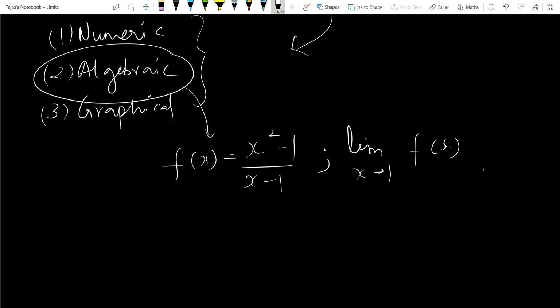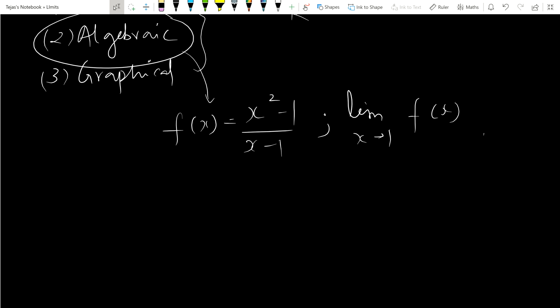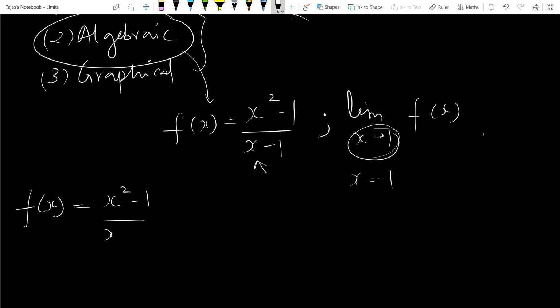Alright, so what we do here in the algebraic method is we do not directly put x tends to 1, which is, x is not equal to 1, but it tends to 1. We did not put x tends to 1 in this function. What we do is we solve the function itself. So x squared minus 1 upon x minus 1.